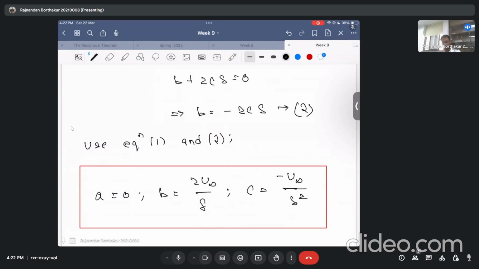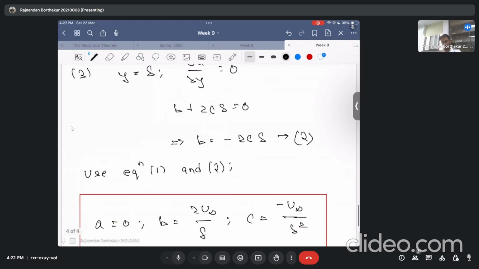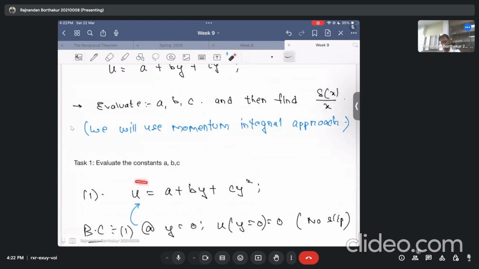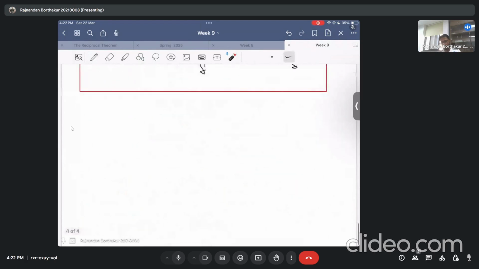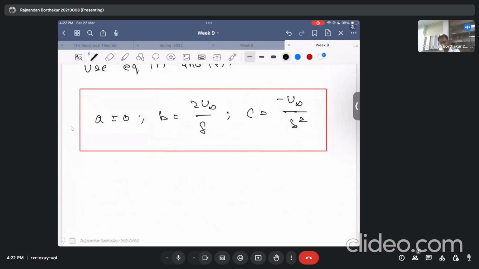Which means once you know A, B, and C, you basically know the velocity profile. So you just substitute this A, B, and C there. Your velocity profile was what? Your velocity profile was U equal to A plus BY plus CY squared.